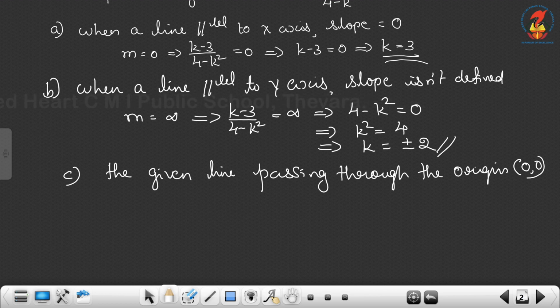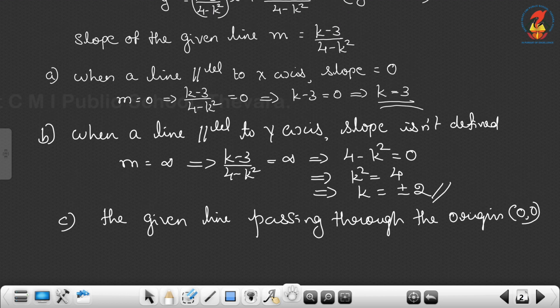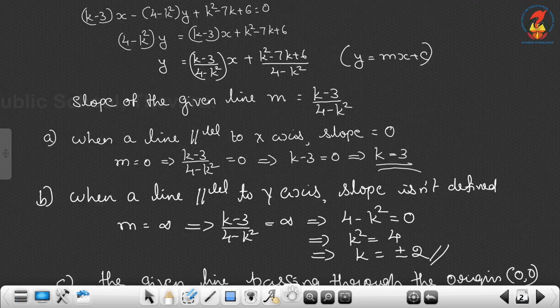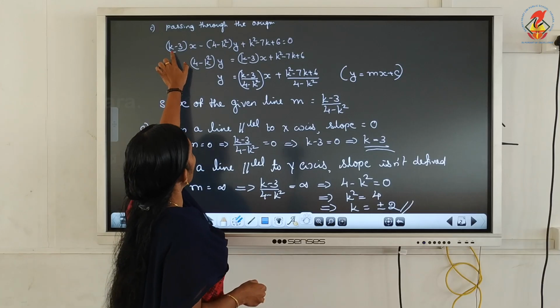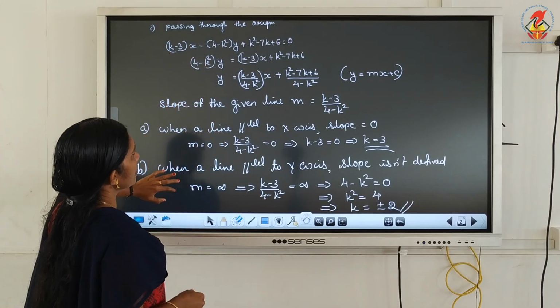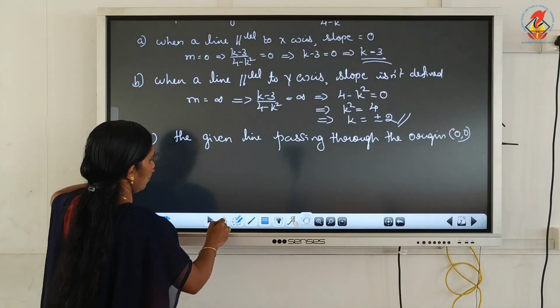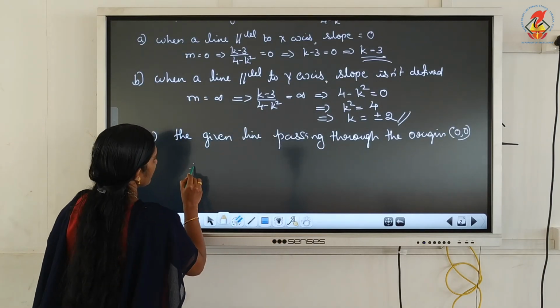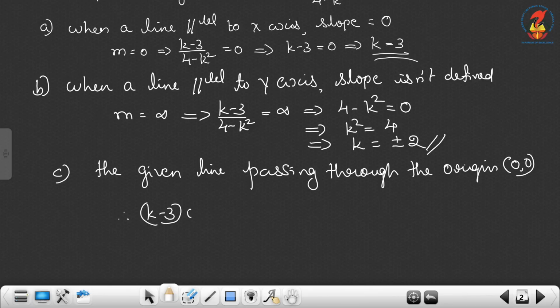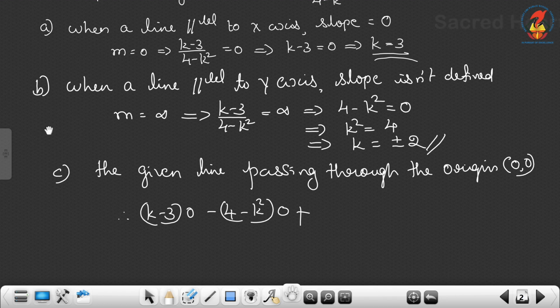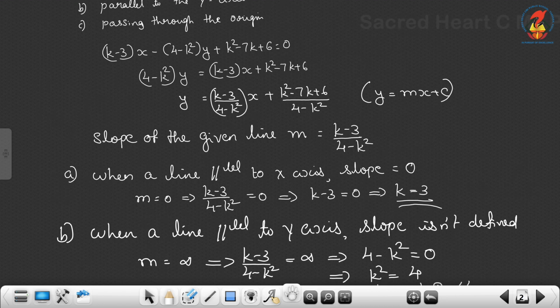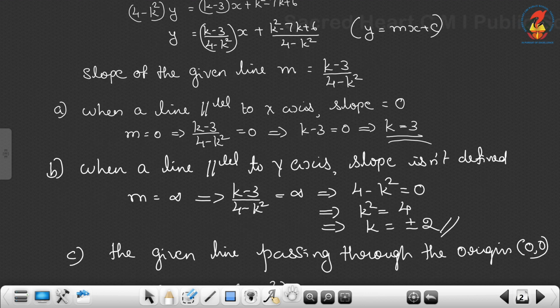So we can substitute for x and y. So what is it? (k minus 3) into 0 minus (4 minus k square) into 0. So these two terms are 0. Then we have the last term, that is one constant term, k square minus 7k plus 6.